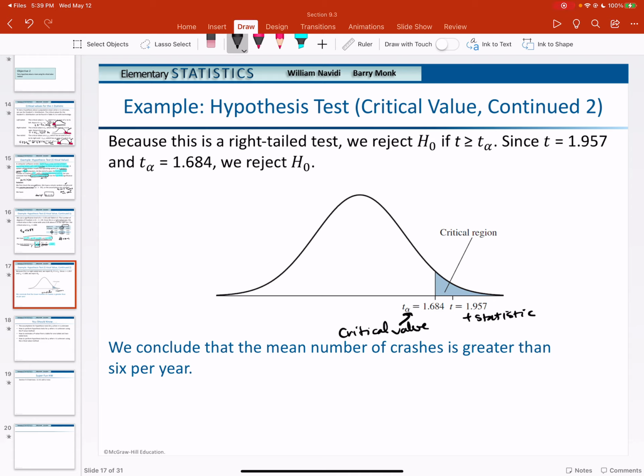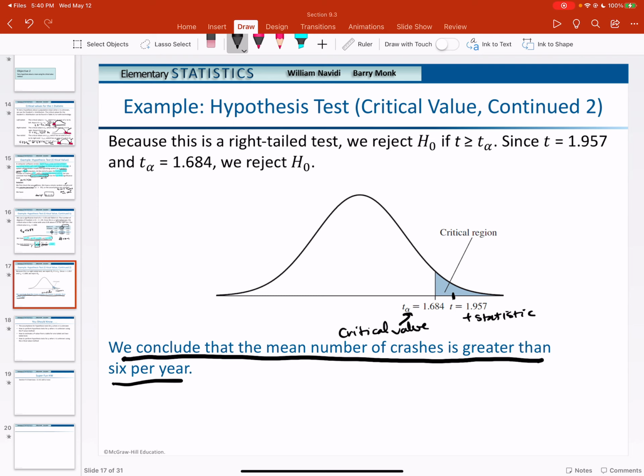The actual t statistic comes from the problem, where you get the data, use the formula for t, plug it in, and find the value. Since it's in the critical region, we reject H0. That's our decision. And then finally, we can conclude that the mean number of crashes is greater than 6 per year.